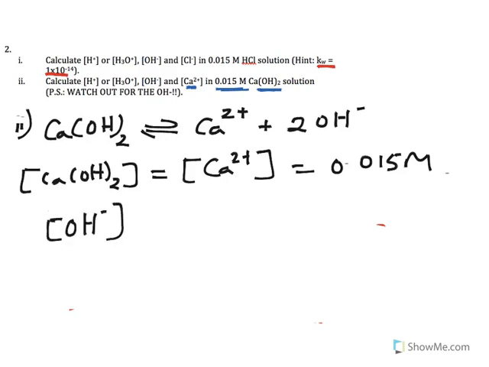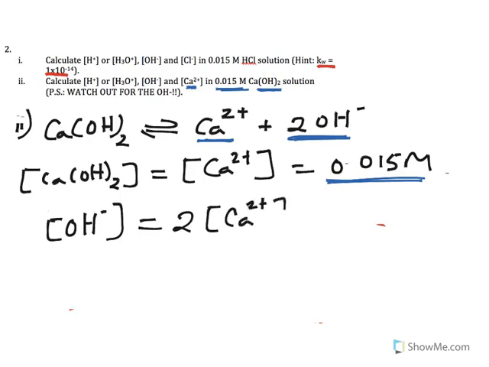If we look carefully, we'll see that in the reaction, for every mole of calcium ion, we're going to get double the OH minus ion. So for a concentration of 0.015 for calcium ions, we're going to get double that for our hydroxide ion. So the concentration of hydroxide ion is going to be double that of the concentration of calcium ions, which is going to be equal to 0.030 molar.